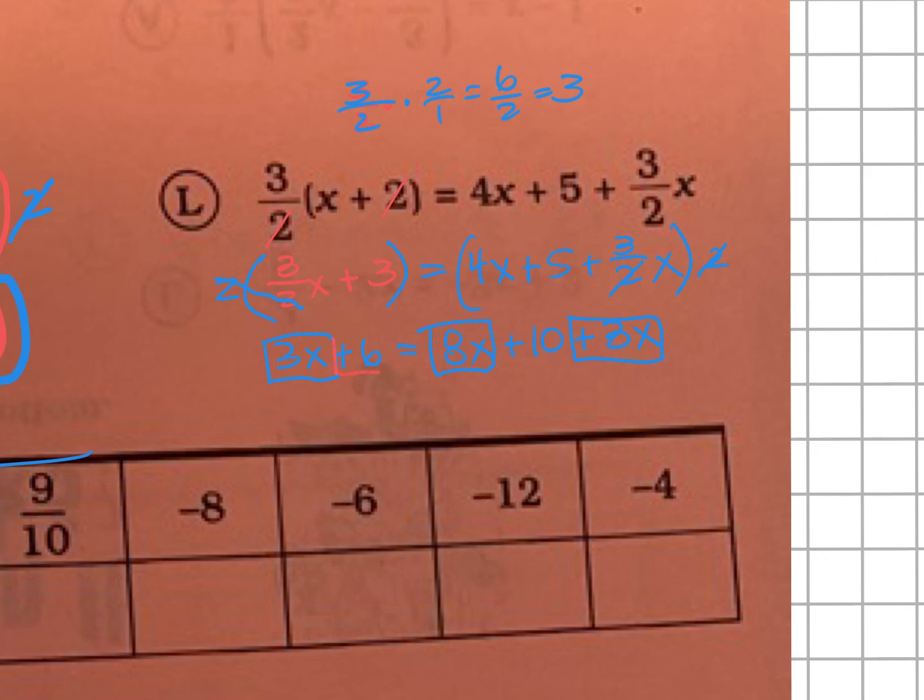We have a number term and a number term. Let's rewrite it one more time. 3x plus 6 equals, I'm going to combine the 8 and 3, 11x plus 10. So I got the letter term, the number term, and the number term.